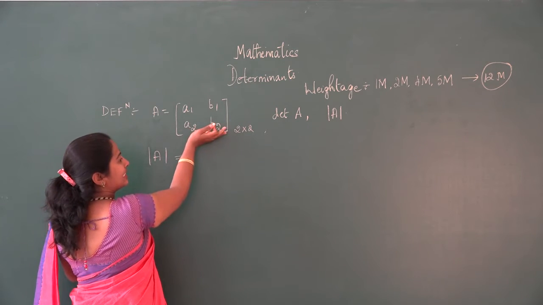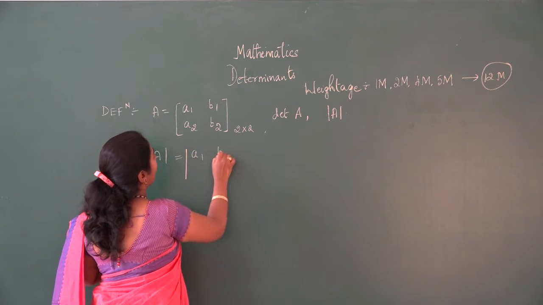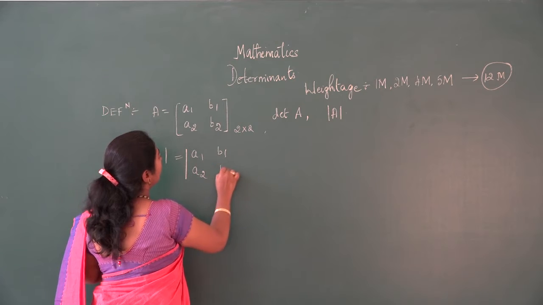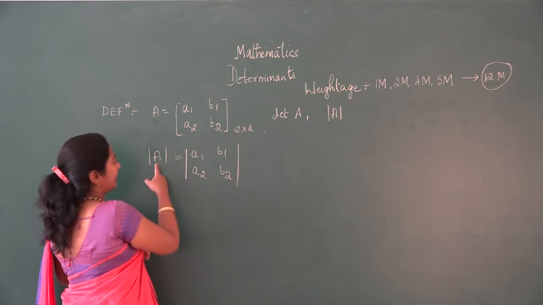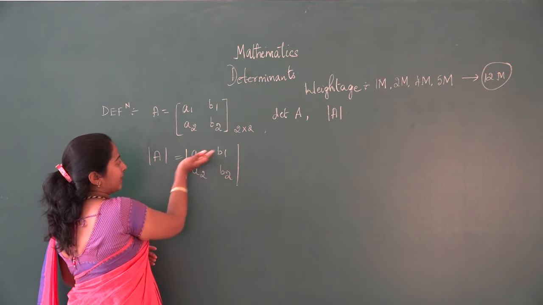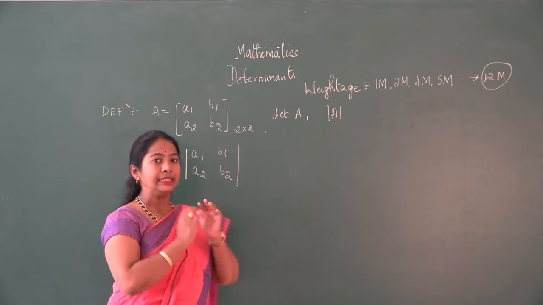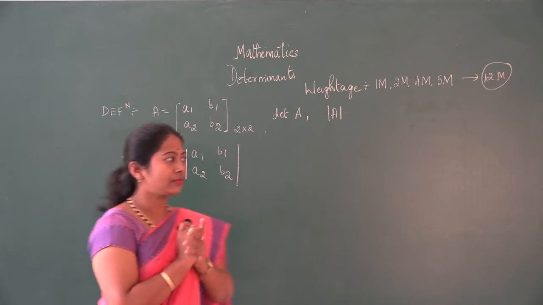How do we enclose these elements in the determinant sign? This is the determinant sign, with A1, B1, A2, B2. This is read as determinant A. Determinant A contains the elements A1, B1, A2, B2, and these two vertical lines denote the determinant symbol.